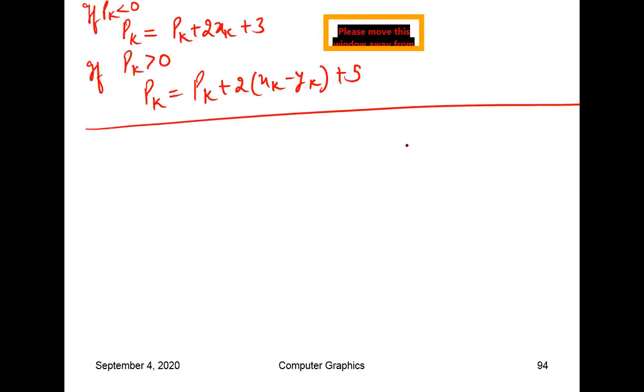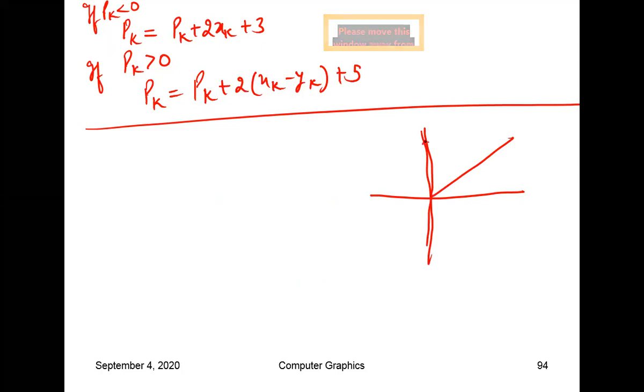Now when we start, we should again know the decision parameters. So at this octant, this is the radius. When we start, yk is equal to r, and xk is equal to 0.